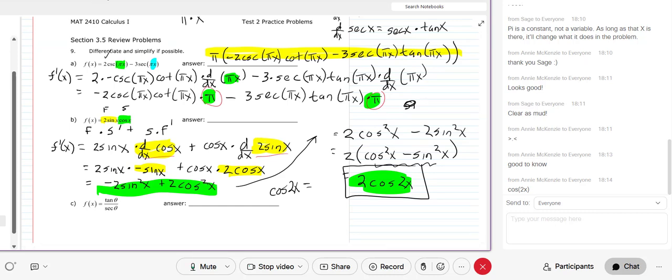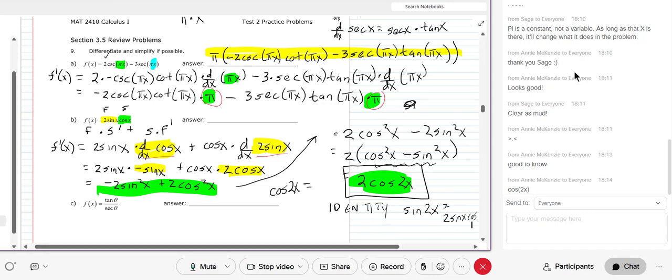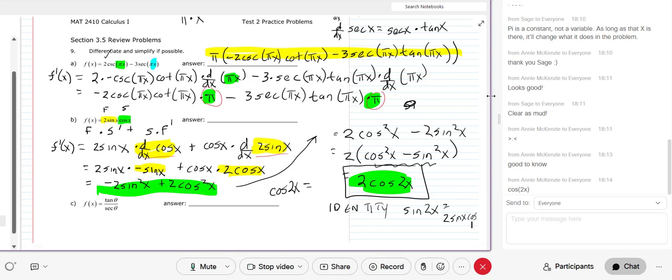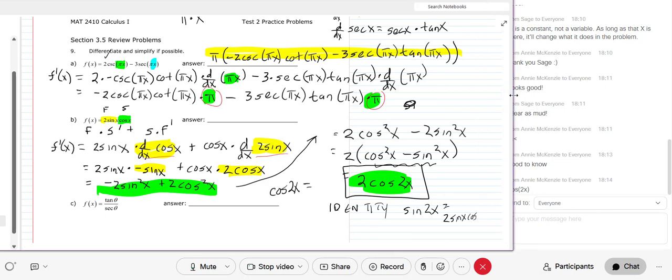Now let me show you an alternative way to do this problem. We have an identity that says the sine of 2x is equal to 2 sine x cosine x. So the easiest way to do this problem would be this: if you go all the way back to the beginning, f of x is 2 sine x cosine x, which is the same thing as the sine of 2x.